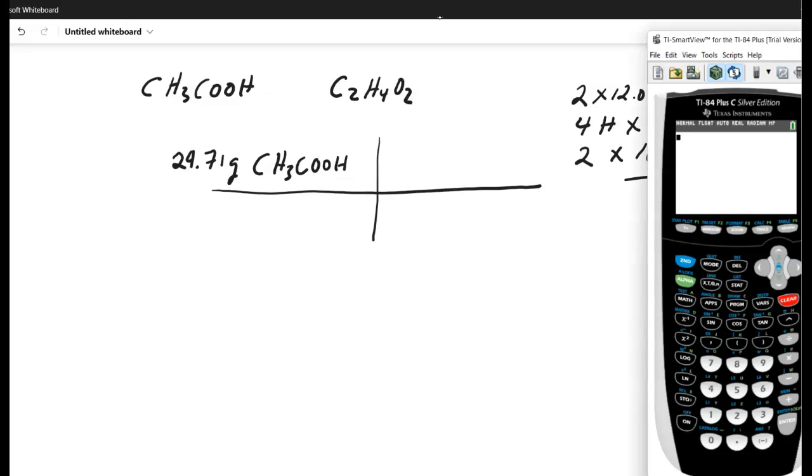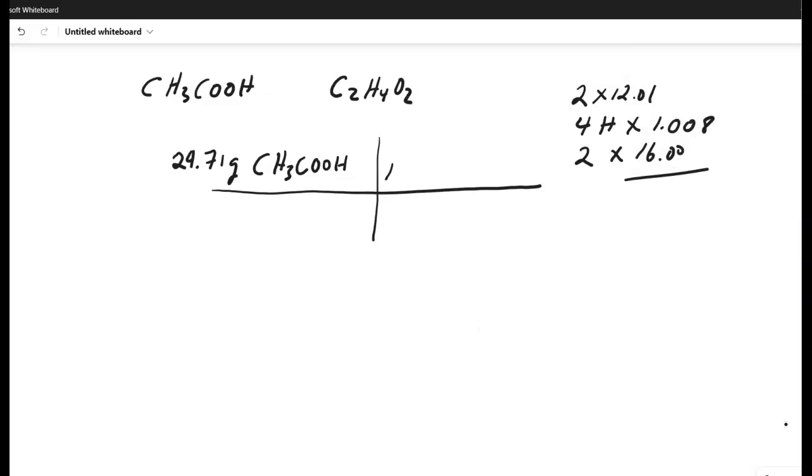So we've got 2 times 12.01, and I'm going to add to that 4 times 1.008, and then I add to that 32. And that gives me 60.052 grams per mole.